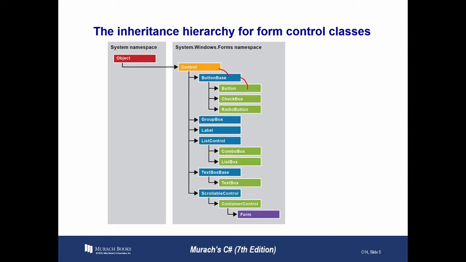This combo box is derived from list control, which is then derived from controls. These are what we refer to as levels of abstraction. And if you look at this one here, scrollable control, that's the little scroll button on the side, right? This derives from container control, from scrollable control, and then back to control and object, right?